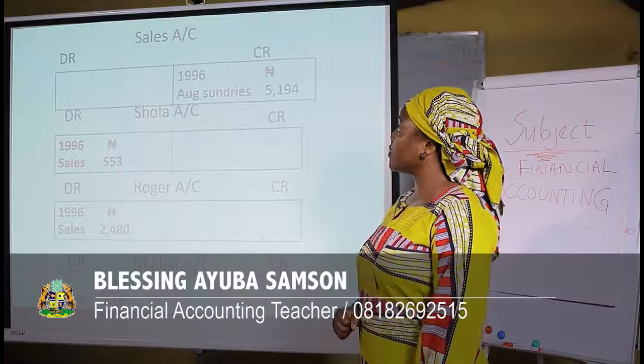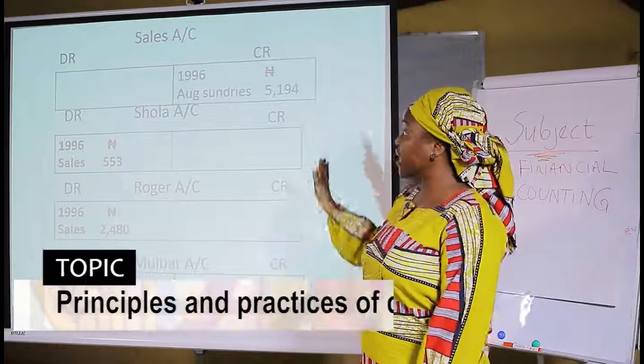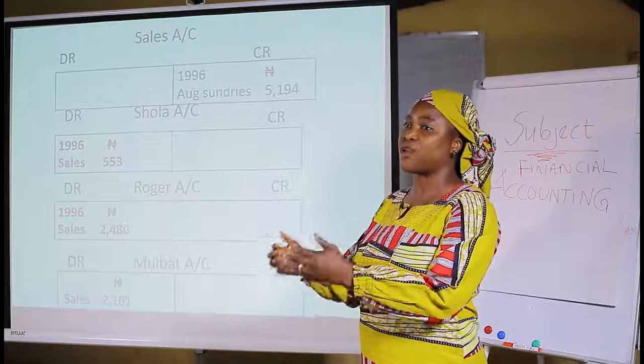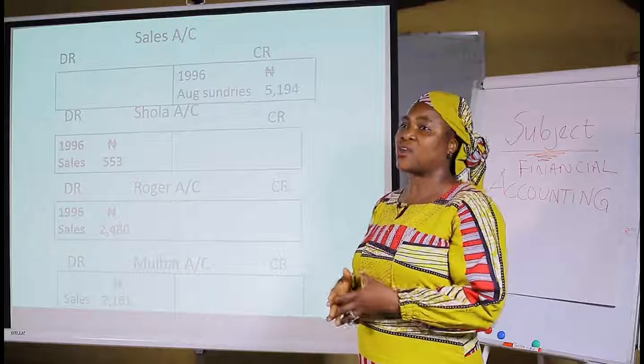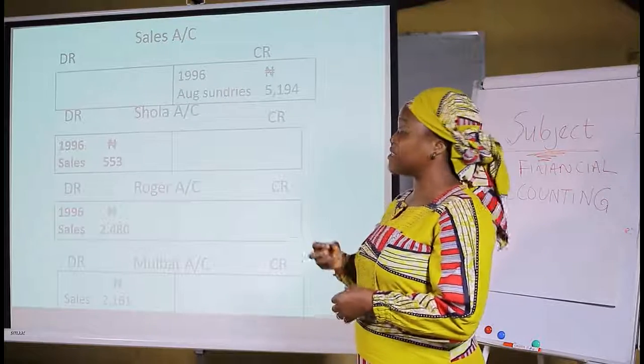Now, this is our sales account. Our sales account, this is a ledger. After the subsidiary books, you transfer all your transactions into a ledger. And at the beginning of our topic today, I defined sales account.